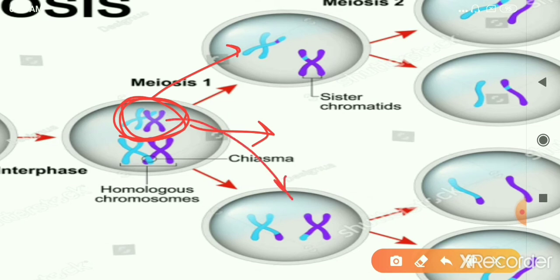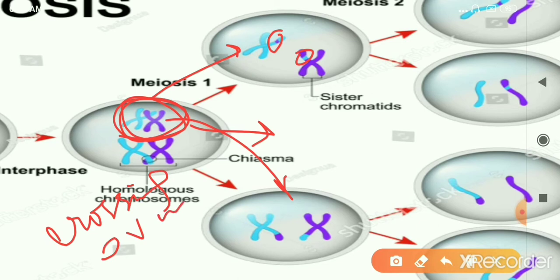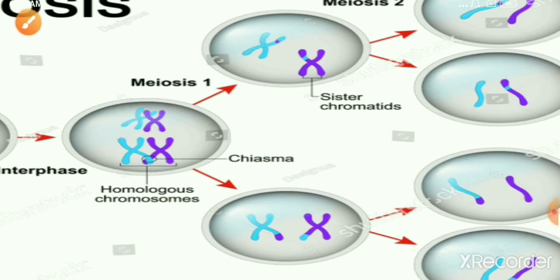But before they get separated, they exchange a small amount of their genetic material, and this process is called crossing over. Since the genetic material is being exchanged, more variation occurs.